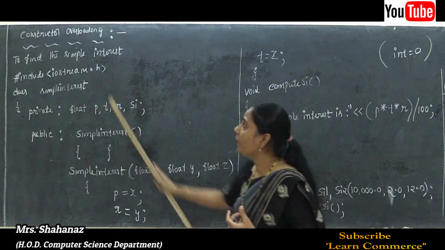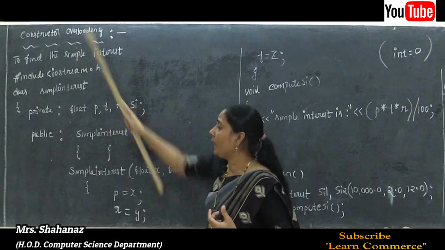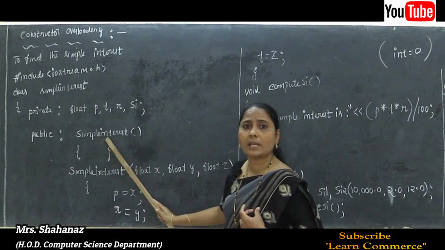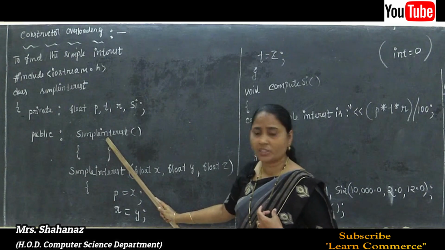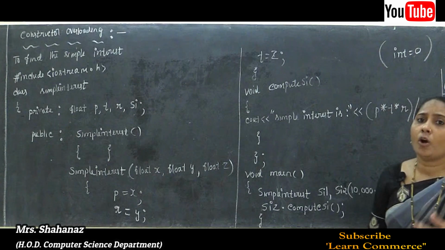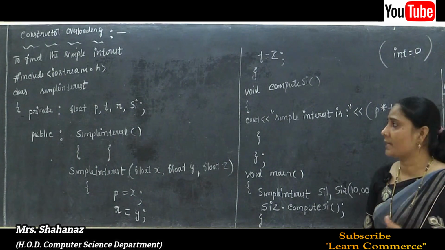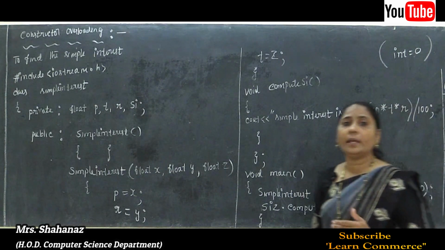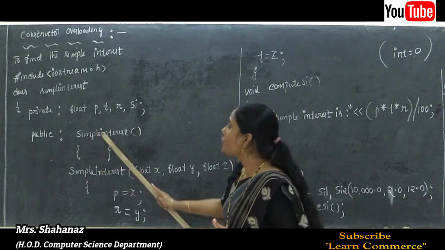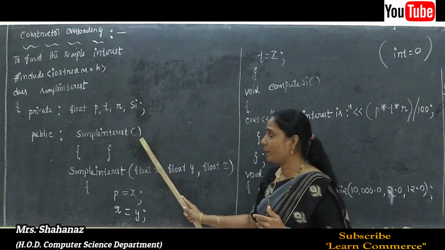Later, the next one is constructor overloading. That means whatever the name of the class is, we need to use it again and again. Clear this point here. So in our public section, I am going to define a special member function, that is SimpleInterest.